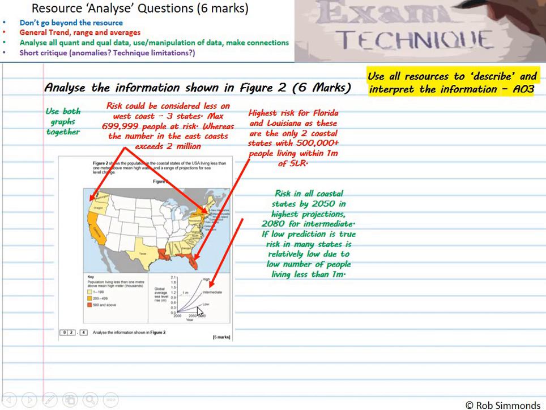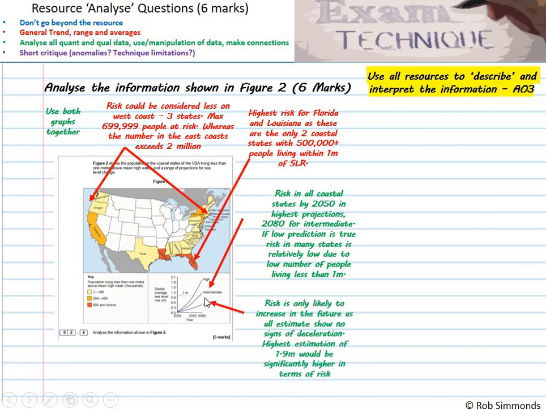The low prediction doesn't actually ever reach this 1 metre line. The other connection I'm starting to make is that risk could increase in the future, as all predictions show an acceleration or at least an increase in sea level, and in actual fact by 2080 the high estimation would show significantly higher risk than what we're currently looking at on the map, because it would be showing approximately 2 metres of sea level rise.